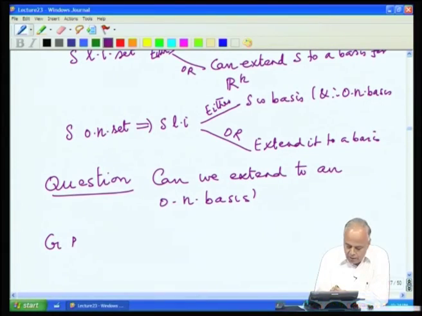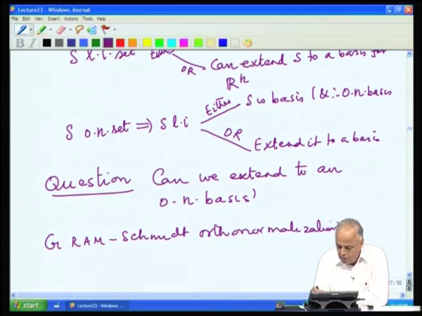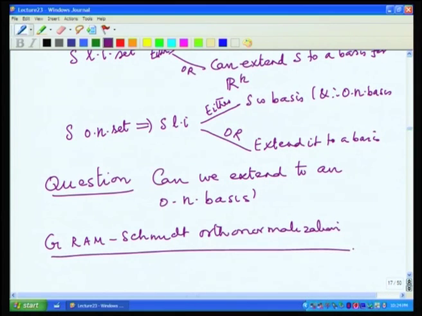The main ingredient required for this is what is known as the Gram-Schmidt orthonormalization. The main idea of the Gram-Schmidt orthonormalization is that given any linearly independent set, we convert it to an orthonormal set in such a way that the space that we span is not lost. We shall look at the details of this conversion in the next lecture.